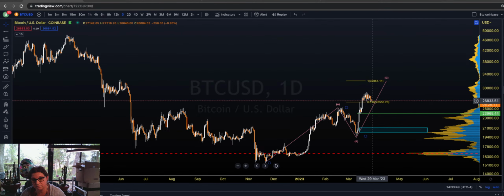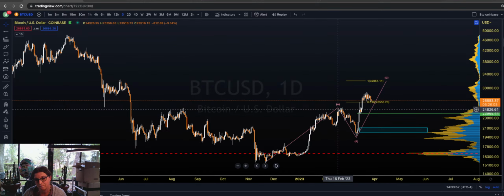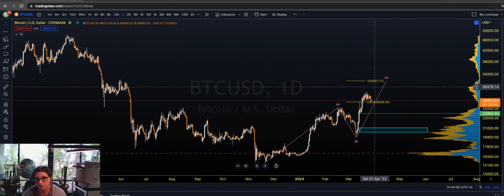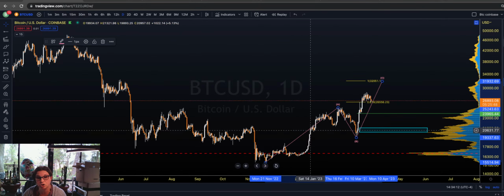If it were to give the additional fifth, it would put in a 1-to-1 extension, and it would be exactly the same size as the A wave. Right now, it's come up over the 618, which suggests that the probabilities of this being C are less probable than that hit to the high, or that it's just not this count.